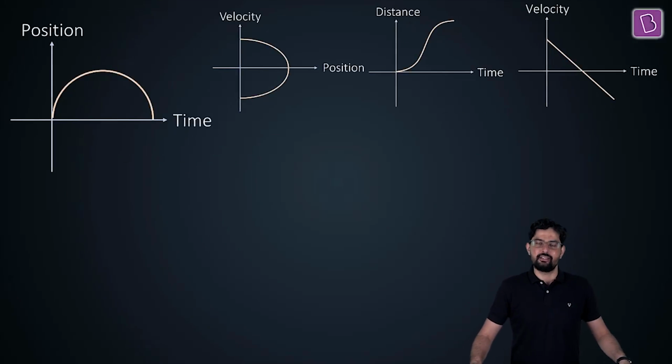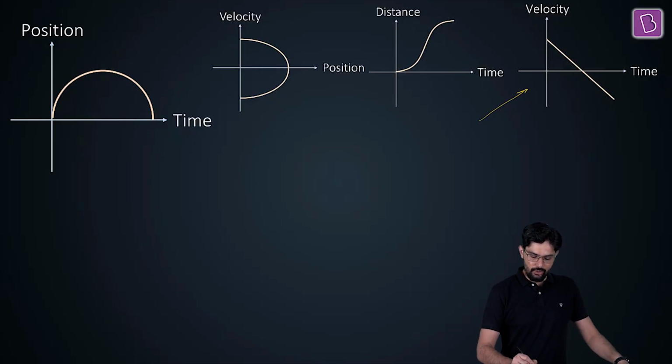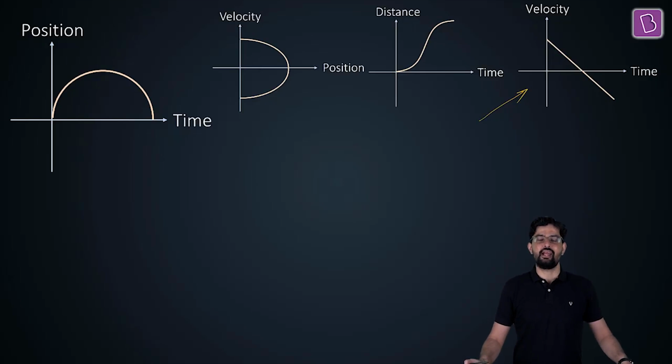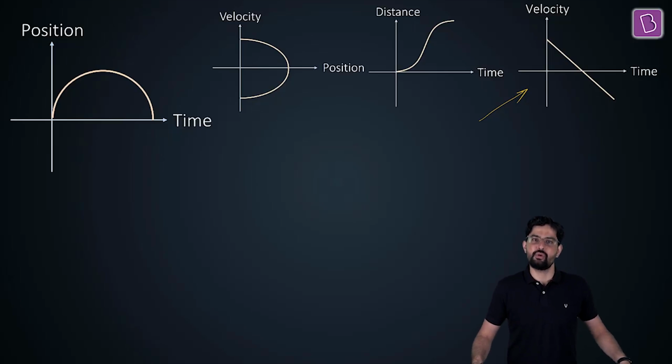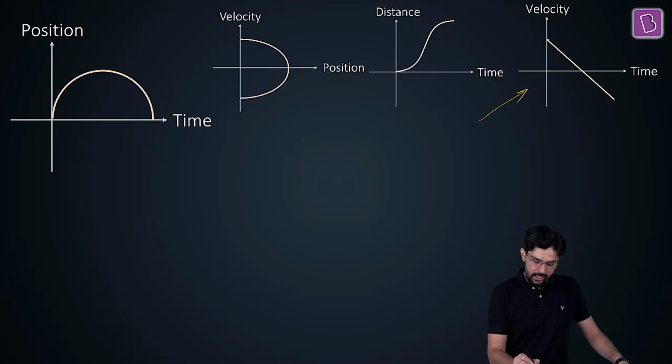So how do you begin? Well, first let's take a look at this curve and try to think of a motion that is represented correctly by this graph. So assume a particle which starts from the origin. Now according to this graph, at t equal to 0, the particle has some positive velocity.